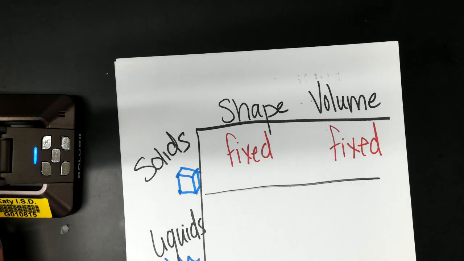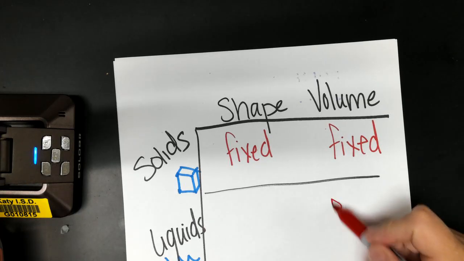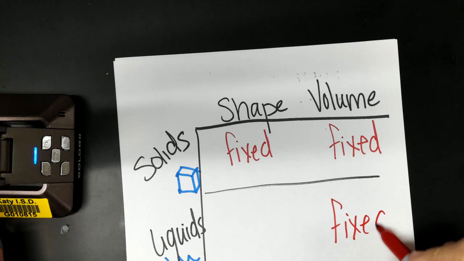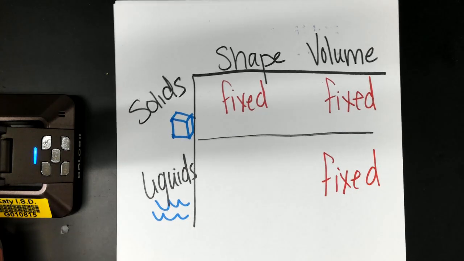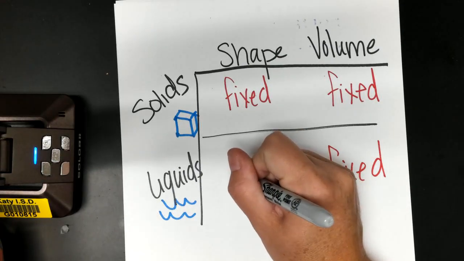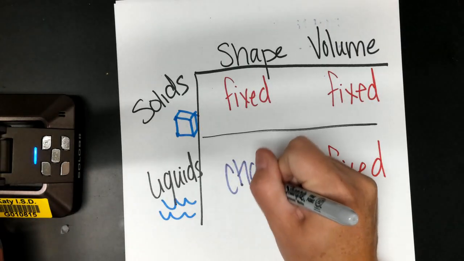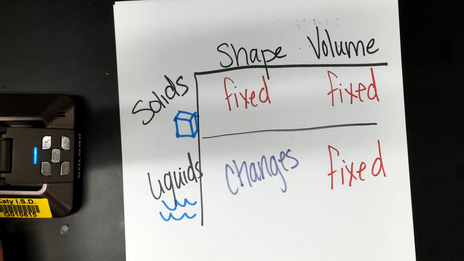The volume stayed the same. So we would still say that the volume of a liquid stays fixed. However, the shape of a liquid can change. It's not fixed. It's not definite.